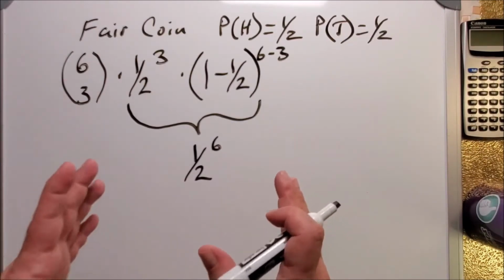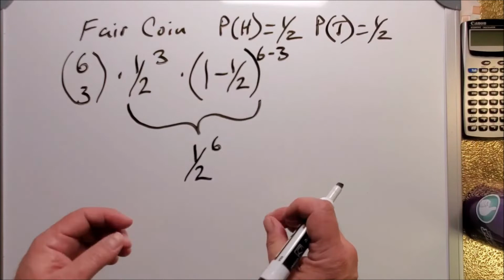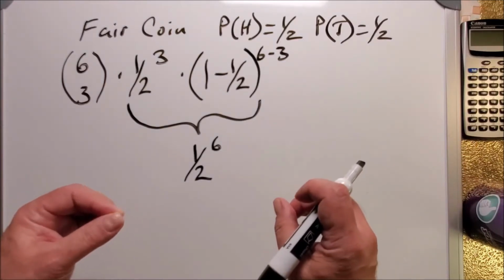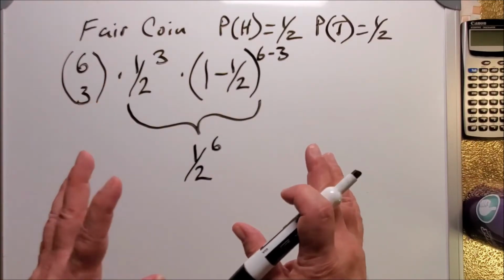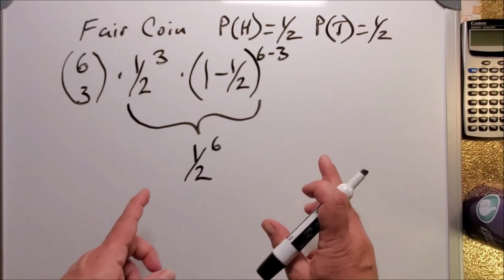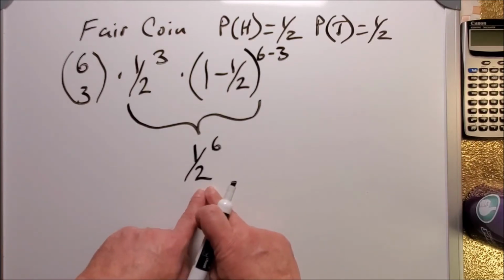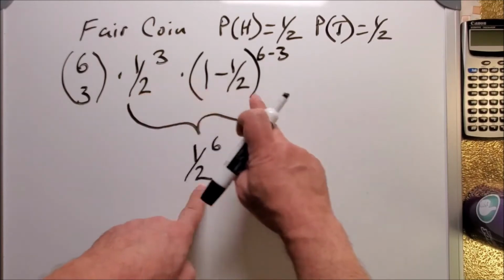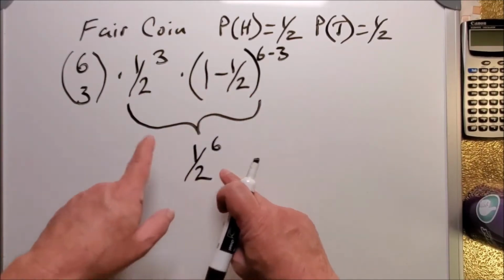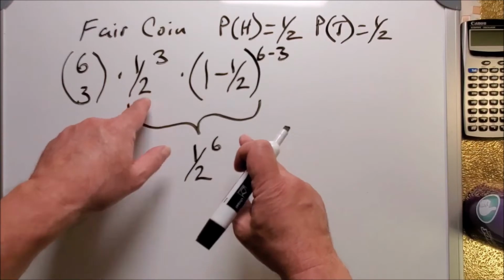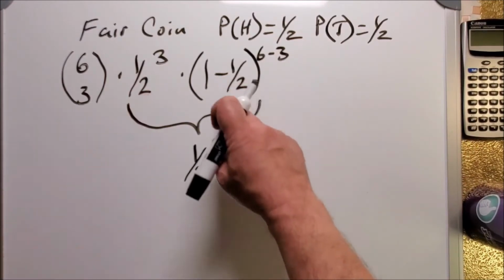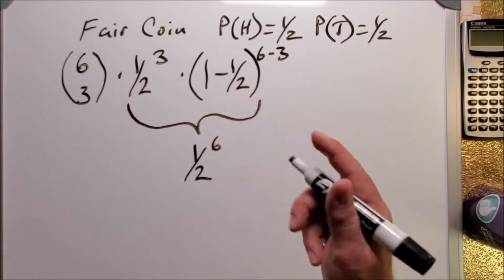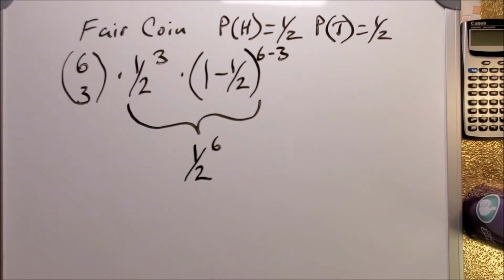If you're still trying to learn it, taking shortcuts that obscure what's actually going on isn't really a good idea. So if you want to do that, keep your eye on the ball really closely. Remember that that is just a contraction of this, and it's a convenience made possible by the fact that our probabilities are symmetrical, 1/2 and 1/2, both for success and failure. Okay, we're going to come back to that.